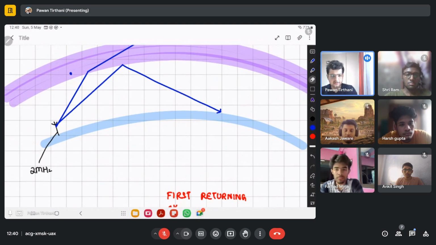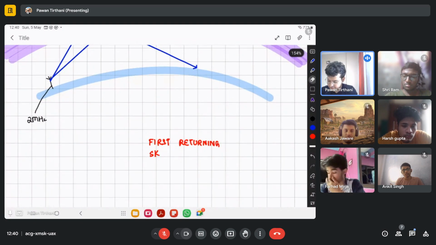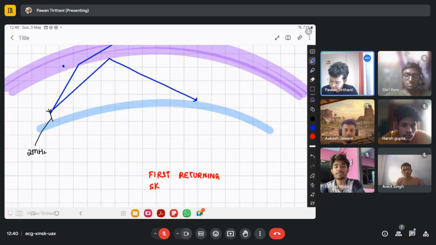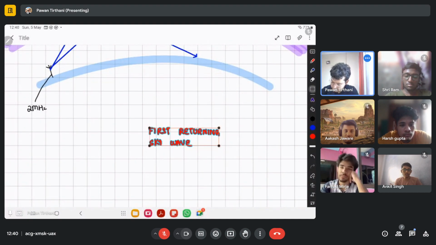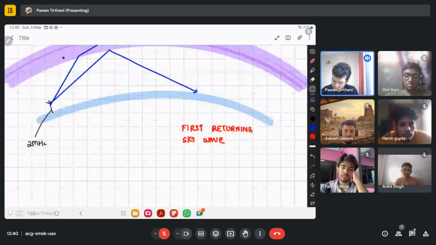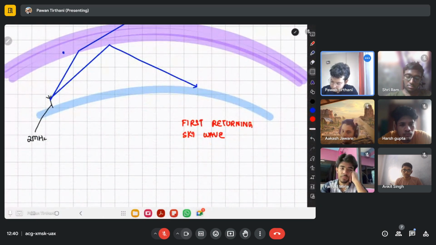And this wave is going to be called the first returning sky wave. So have a look, this is called the first returning sky wave.